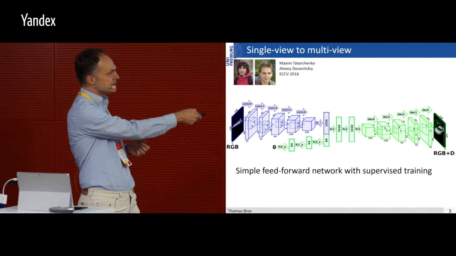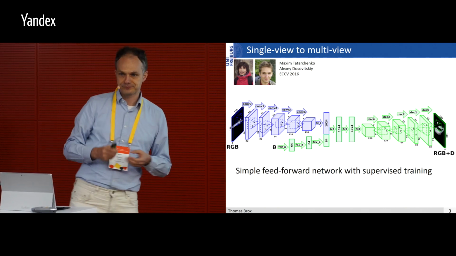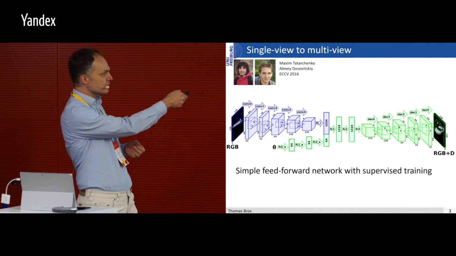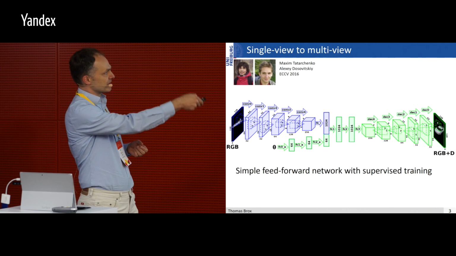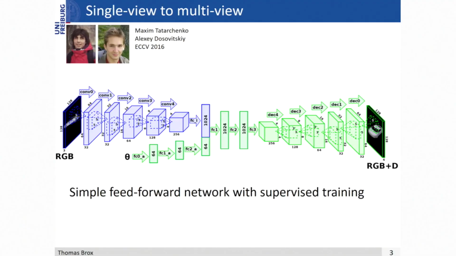And you specify the view that you want to see at the output by giving some angle. The idea is that it's a simple feed-forward network. It does some analysis of the input image, has some canonical 3D representation, and from that it renders the output view that you want to see.